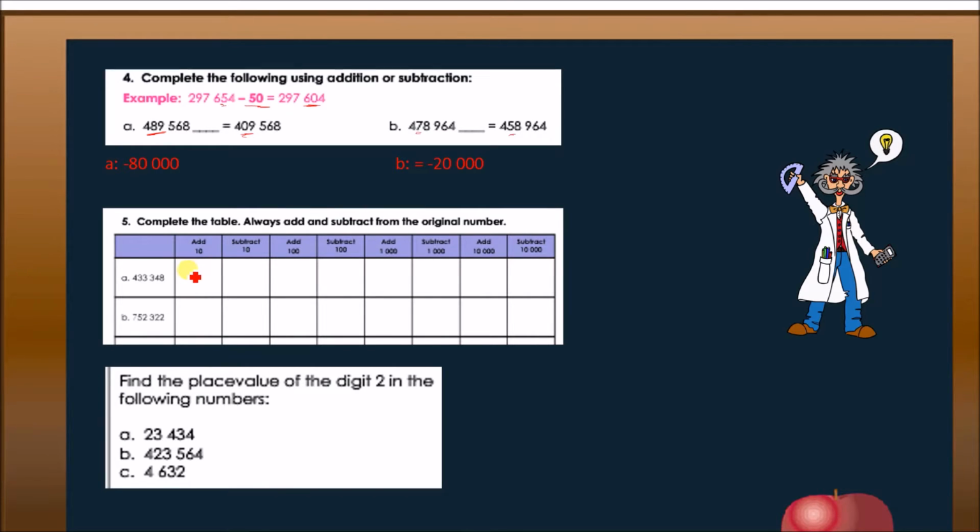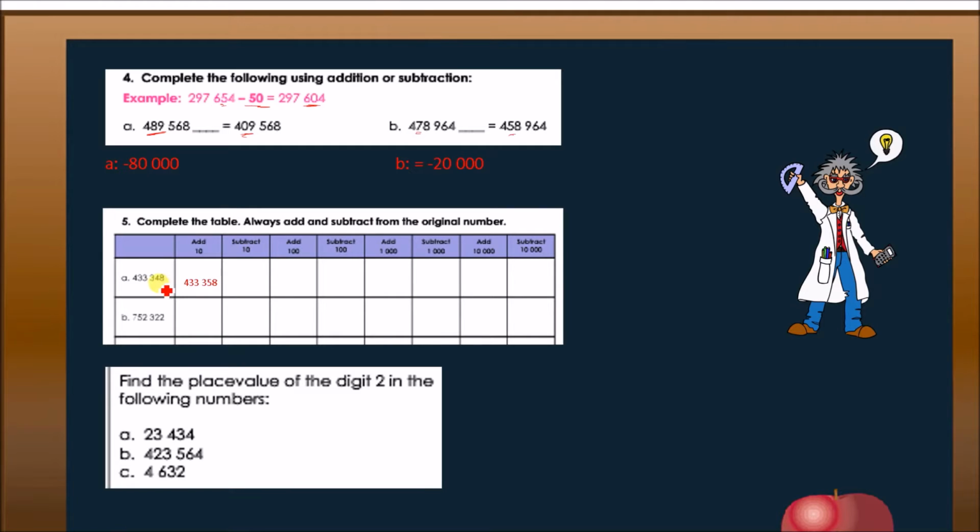Look at this one here. Complete the table and always add and subtract the number from the original number, and this is the original number. If I add 10, it means that 4 becomes a 5, and it is then 433,358.